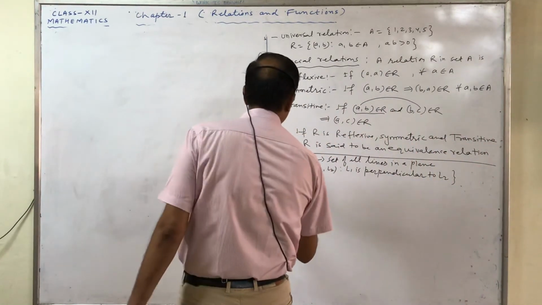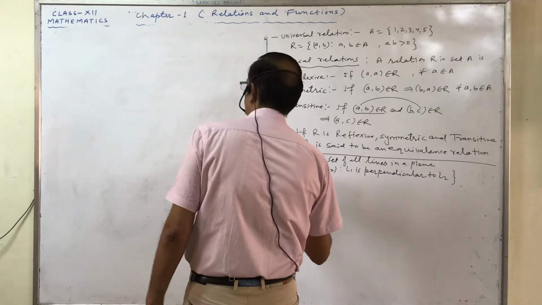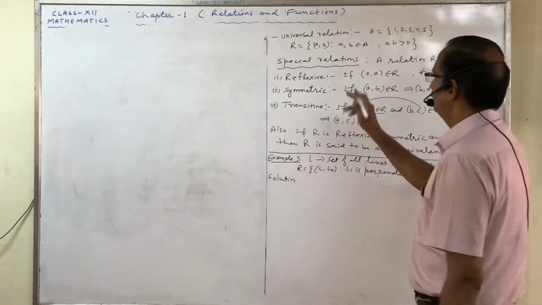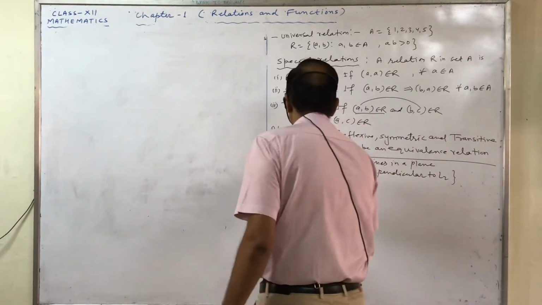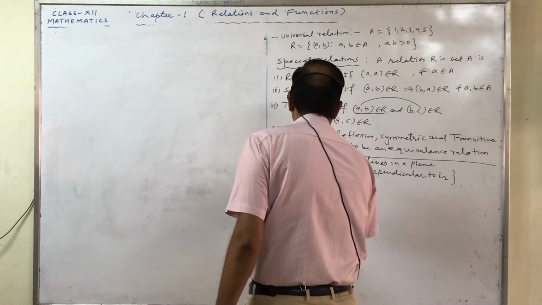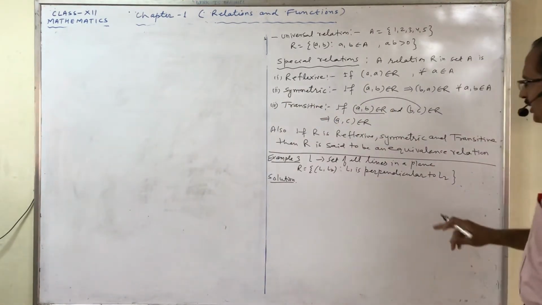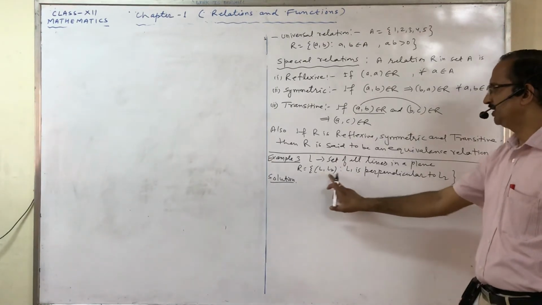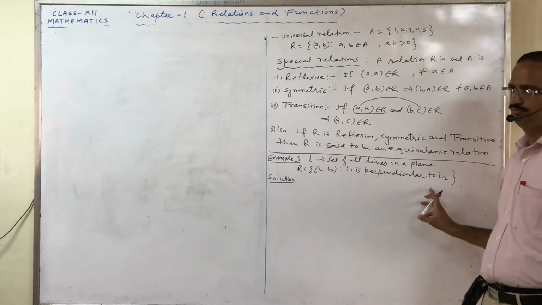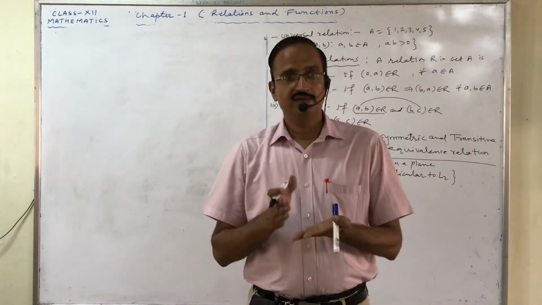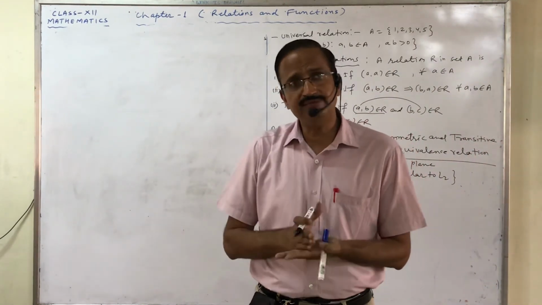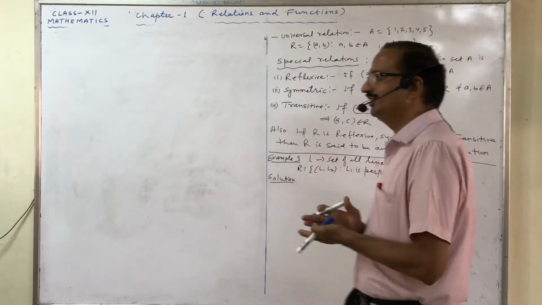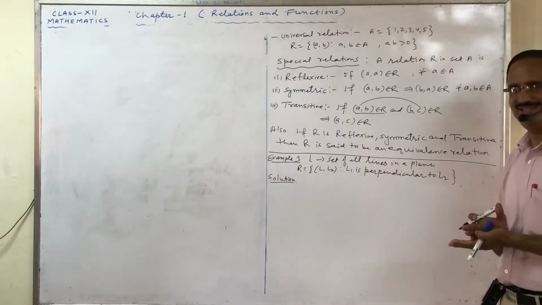So for solution, we will write. First of all, we will check reflexive. L is what? Set of lines. And the relation is L1 is perpendicular to L2. To check whether a line is perpendicular to itself? No. It is parallel, but a line is not perpendicular to itself.